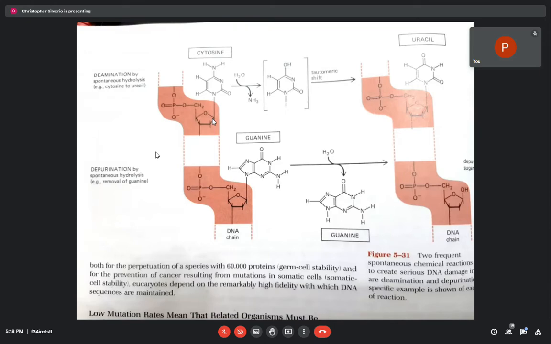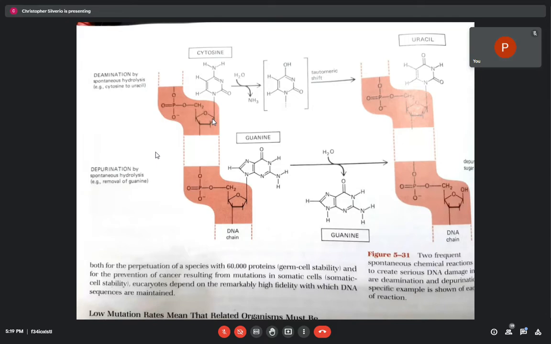How about depurination? As you can see here, the purine-based guanine is removed. It is completely removed. And so you look at what happened to the DNA. The DNA does not contain any more guanine, so it is not anymore a DNA or a nucleotide. You call that nucleoside.